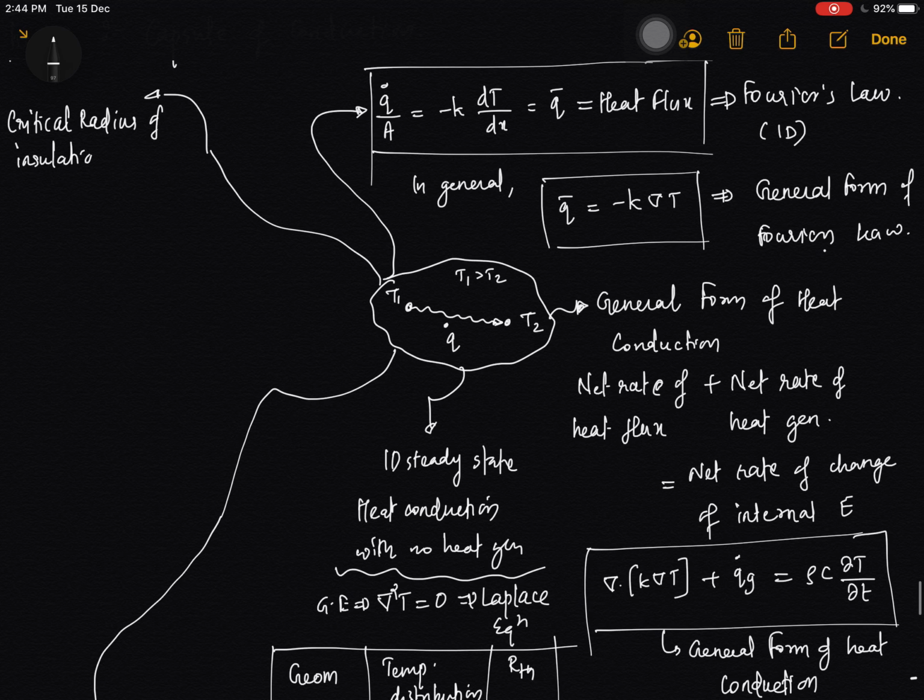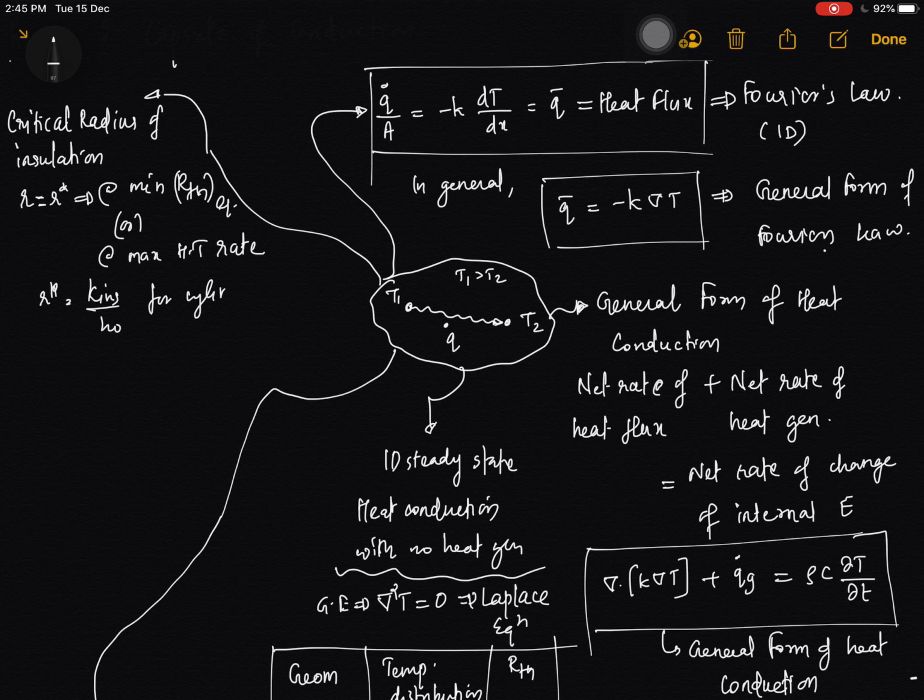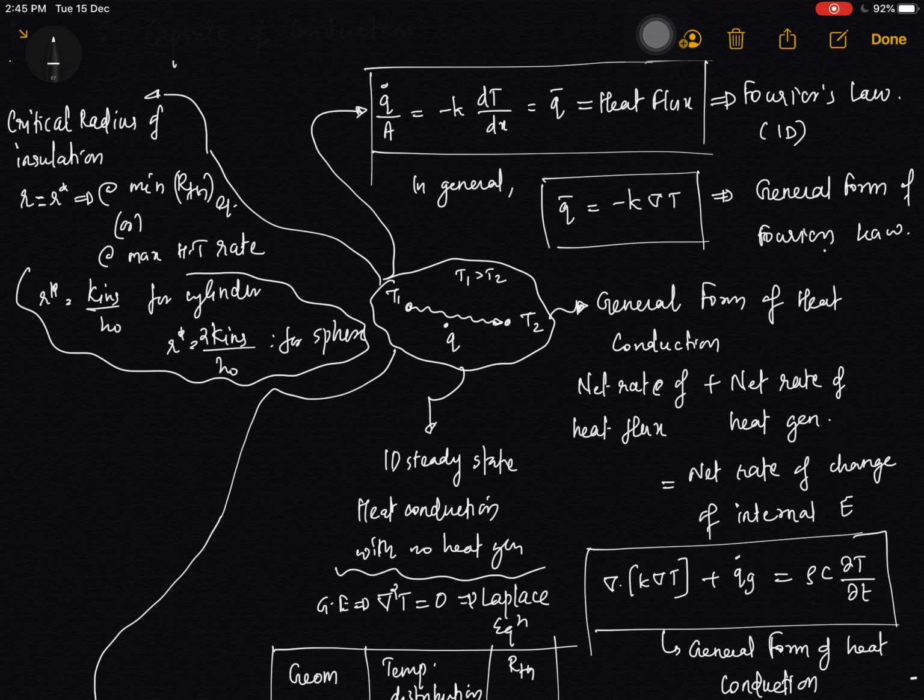This is a radius denoted as R star, the radius at minimum R_th equivalent, or at which the heat transfer rate is maximum. It is calculated as R star equal to k insulation by h_o for a cylinder, and R star equal to 2 k insulation by h_o for a sphere.